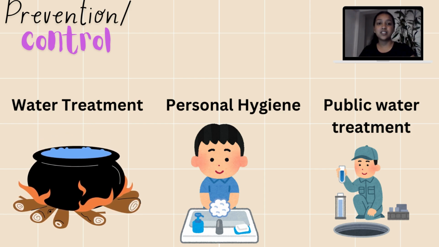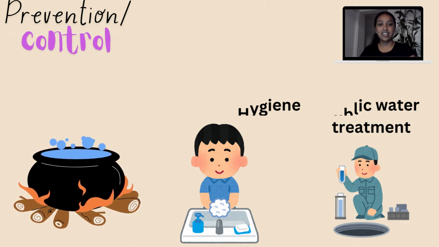This includes improving sewage disposal and also educating the public on good hygiene practices such as washing your hands with soap and water. It is also advisable for hikers or campers to carry their water bottles instead of opting to drink from streams or lakes.